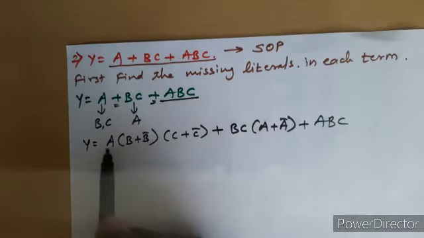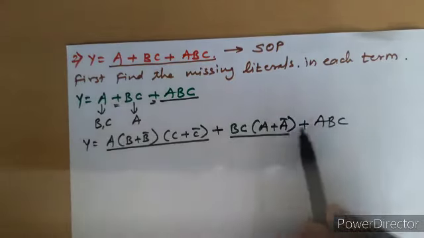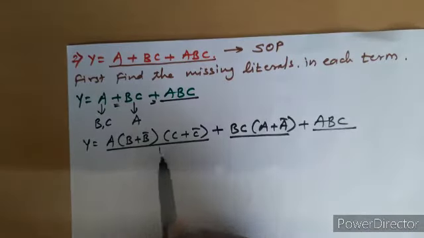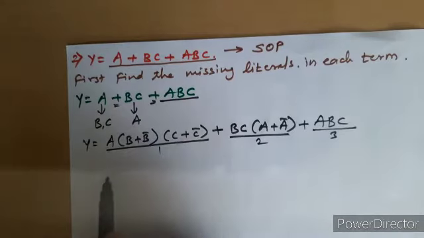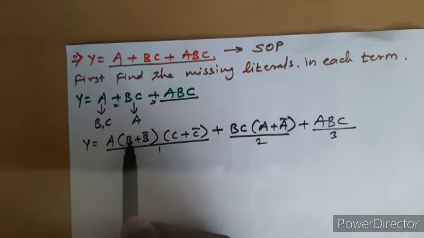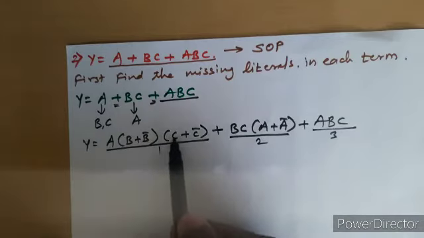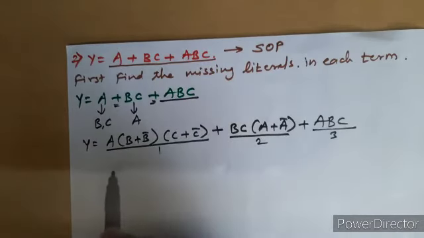Since this is one term, this is second and this is third, let us go for this first term. There are different ways how you can solve this. You can take a b, consider this b, then c and c bar, then a, consider this b bar, then c and again c bar, this way also.